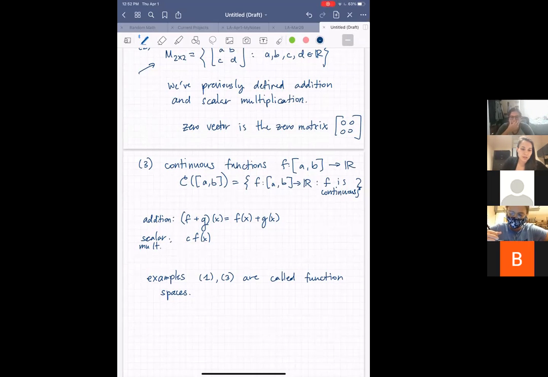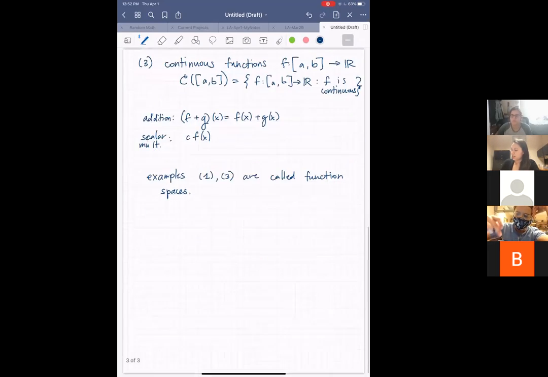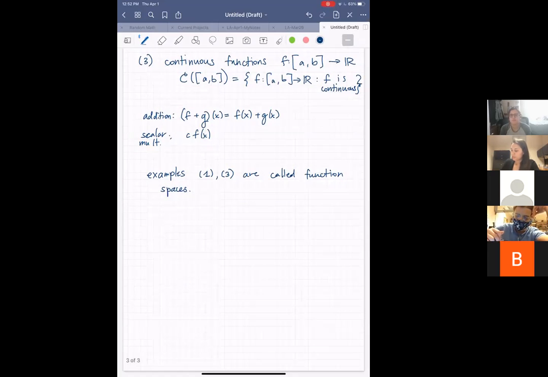Let me see if I can think of one off the top of my head. The integers, rational numbers. There's a lot of things like that.